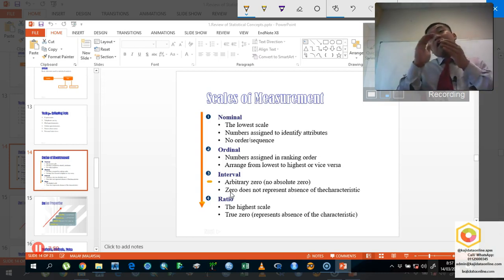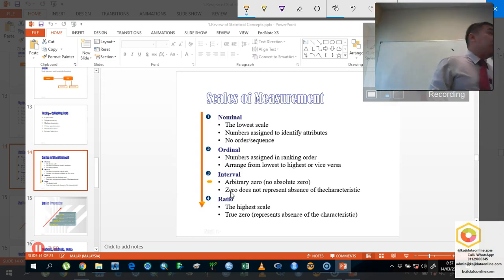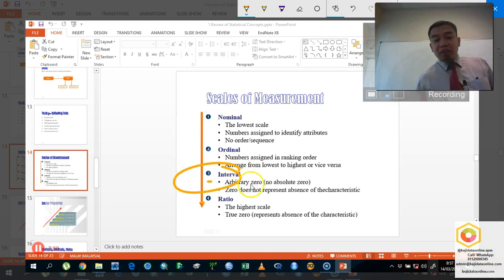That means you put my question inside the shredder machine. Stupid question, you shred the question. So you got 0. Does that mean you are stupid? No, because you didn't answer. So that one we call a non-arbitrary zero. The zero has no meaning. So the first one, the interval scale, has no absolute zero, and no ability to make a ratio.